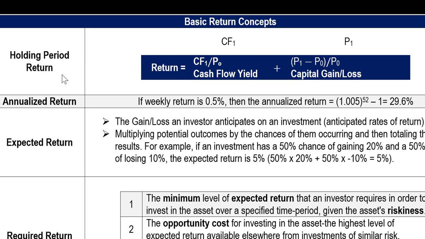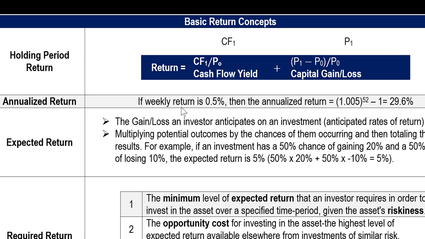And this we call holding period return. It could be 1 day, 1 week, 1 month, 1 quarter, 1 year, and so on. Most of the time, in our analytical reports, we're going to use annualized return, so it is necessary to convert our holding period return to the annual return.